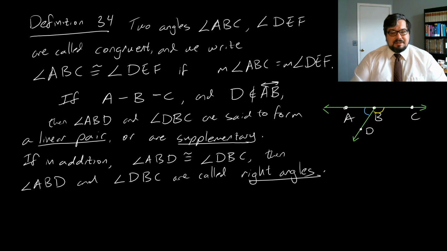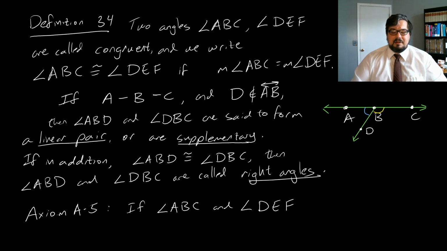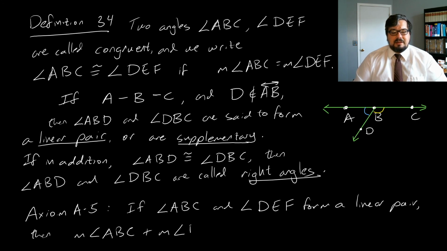Now that we have this definition, or the definitions of supplementary angles, we can now finish listing our axioms. Axiom A5 for angle measure says that if angle ABC and angle DEF form a linear pair, then the measure of angle ABC plus the measure of angle DEF equals 180.